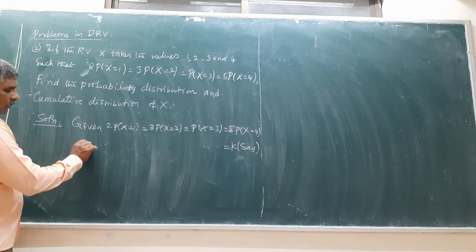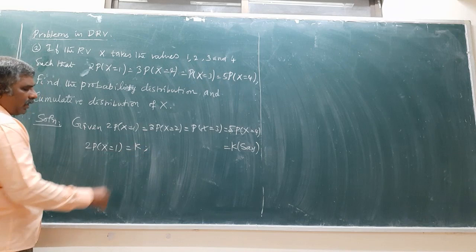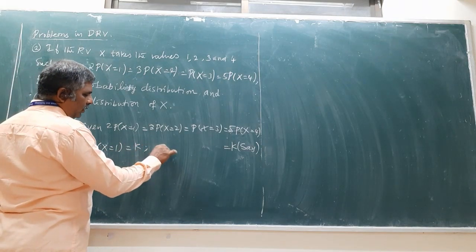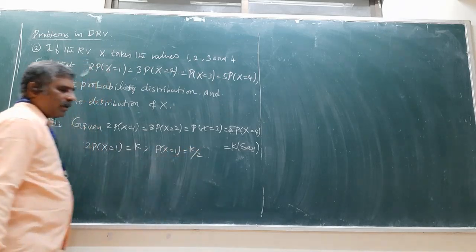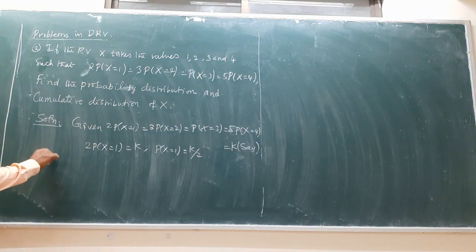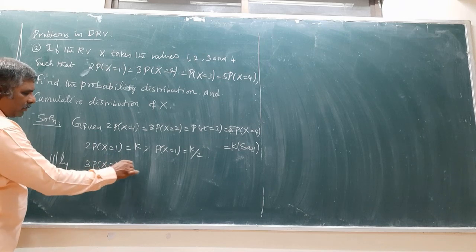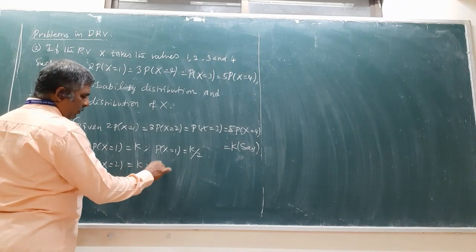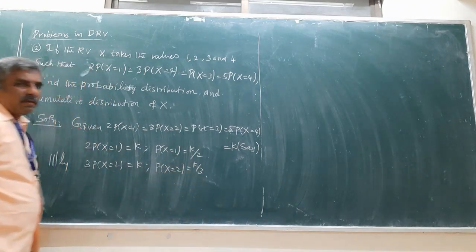Therefore, 2 into probability of x equal to 1 is equal to k, which gives that probability of x equal to 1 is k by 2. Similarly, 3 into probability of x equal to 2 is equal to k. Therefore, probability of x equal to 2 is k by 3.